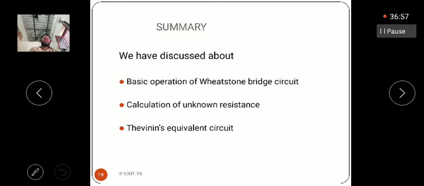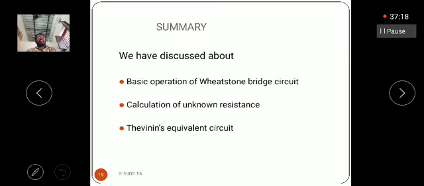Between the terminals C and D we connect the galvanometer. We open-circuit the galvanometer and calculate the Thevenin's equivalent voltage across it, between the C and D terminals.